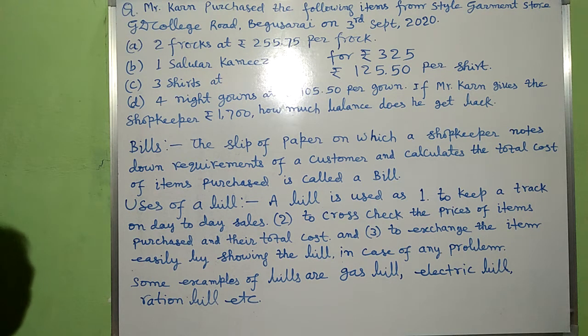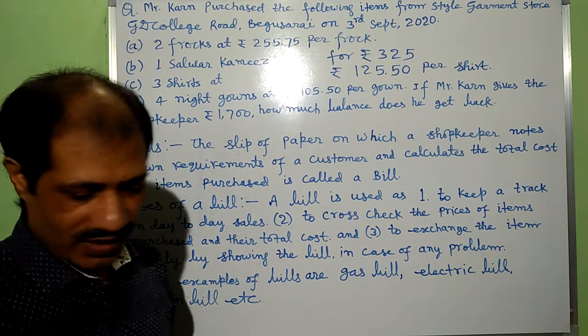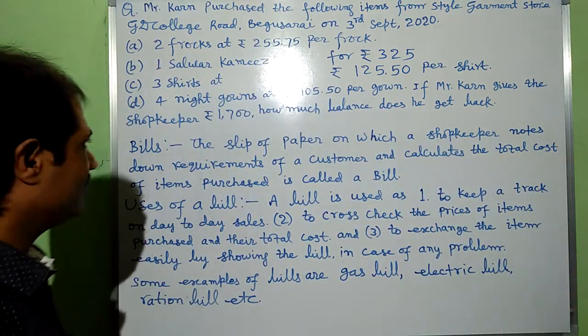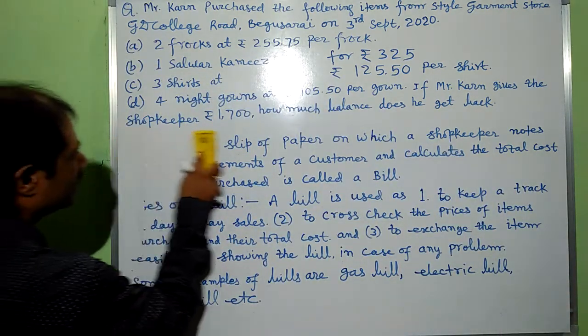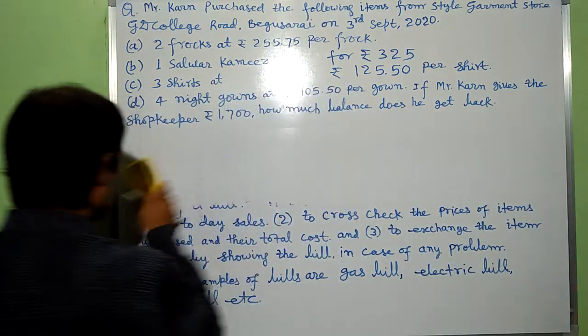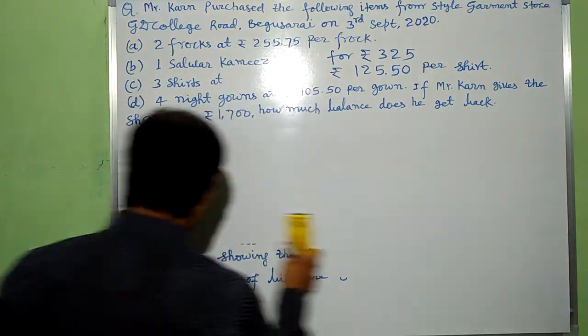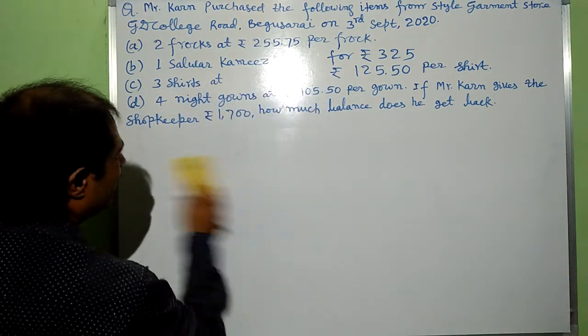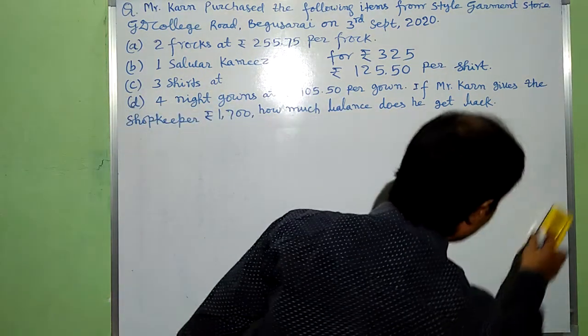Now, I am going to prepare a bill. As we know, a bill is prepared by a shopkeeper for customers. Here, some information is given like this. With the help of it, we have to prepare a bill like this.